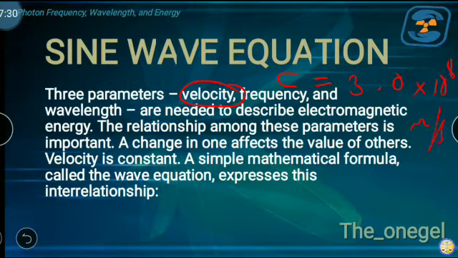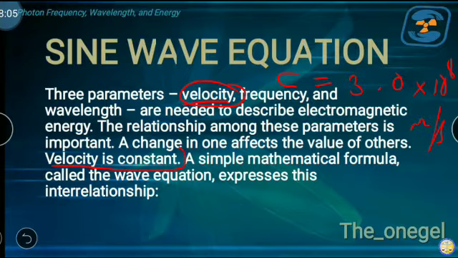So, when we have problem solving na ng mga factors, hindi na natin hahanapin si velocity. We only need to find frequency and wavelength. So, velocity, frequency, and wavelength are needed to describe electromagnetic energy. So, the relationship among these parameters is important. A change in one affects the value of others. Velocity is constant.